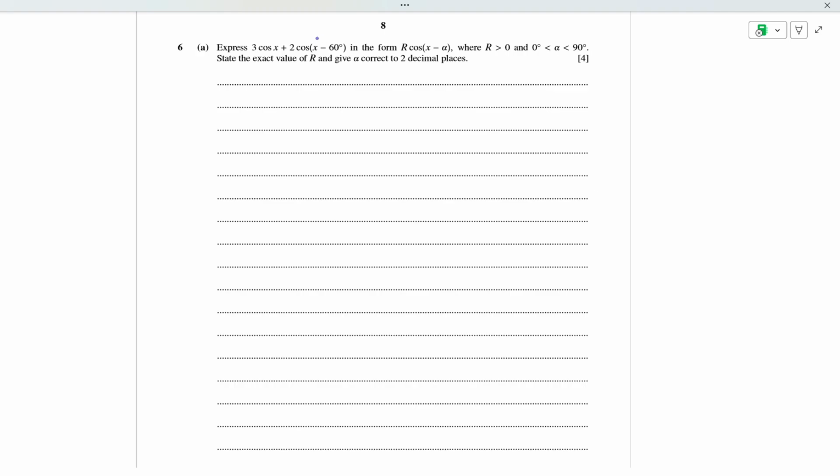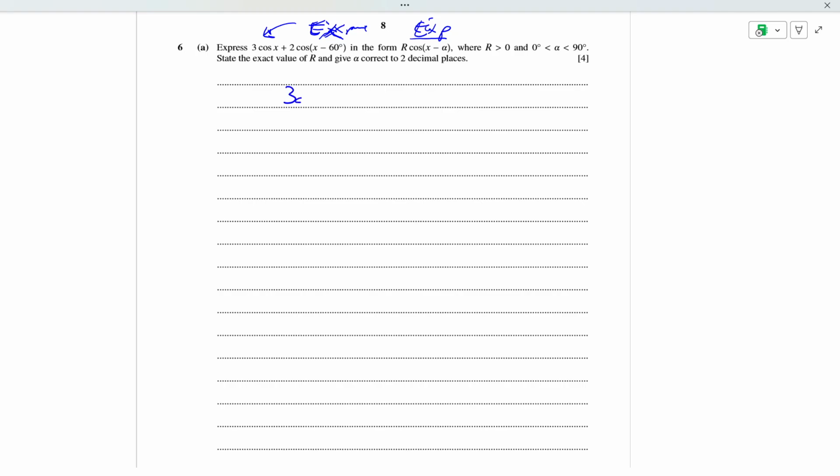Because you have two angles here, you first want to combine it so that you have one angle, and then you expand r cos(x minus alpha) and do a comparison of coefficients. So we first expand this, then add it to the 3 cos x, then we expand that, and then we compare coefficients. All right, so I'll go ahead and do that now.